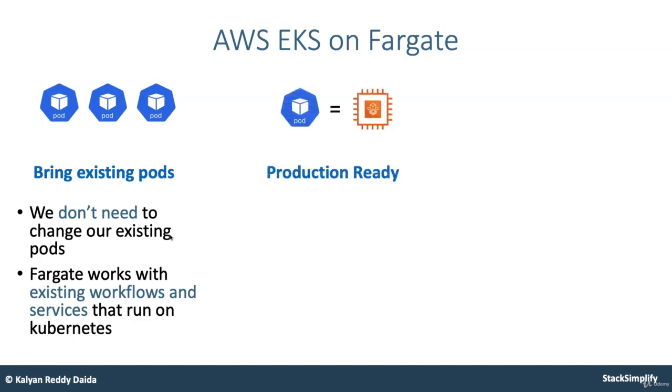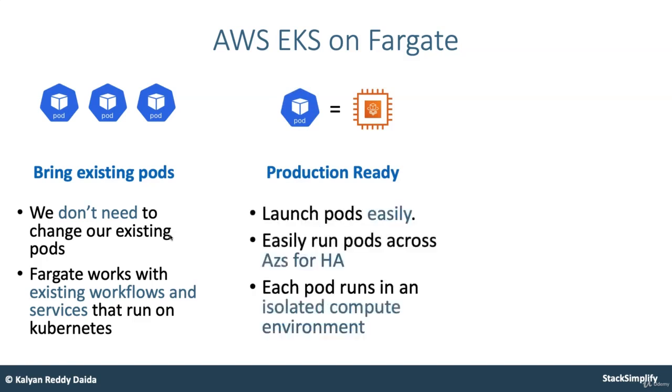So now EKS Fargate is production ready. We can launch pods easily to Fargate, and it runs pods across availability zones for high availability, and each pod runs in an isolated compute environment. This is a very important point from a Fargate perspective.